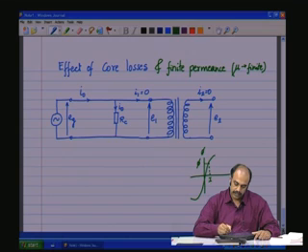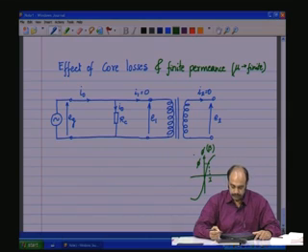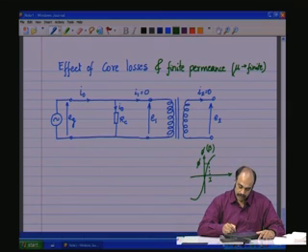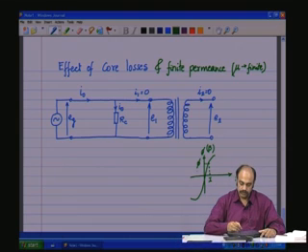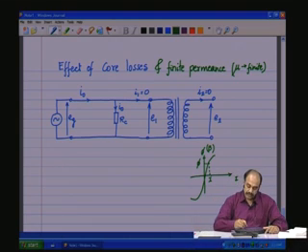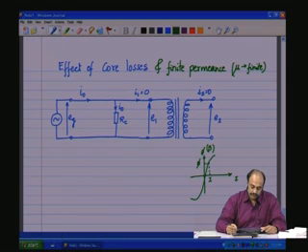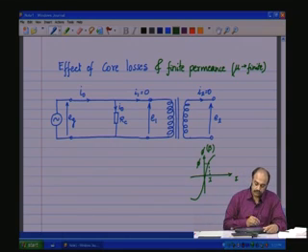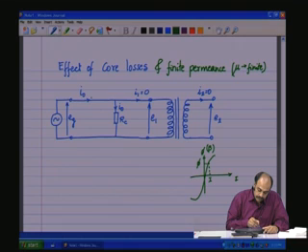If this is phi and this is I, B is nothing but phi by A, and H is nothing but Ni by L. So, we could also have a phi-I curve, which means a finite current is needed to set up the flux, which means that current is also to be drawn from the source even under no load condition.